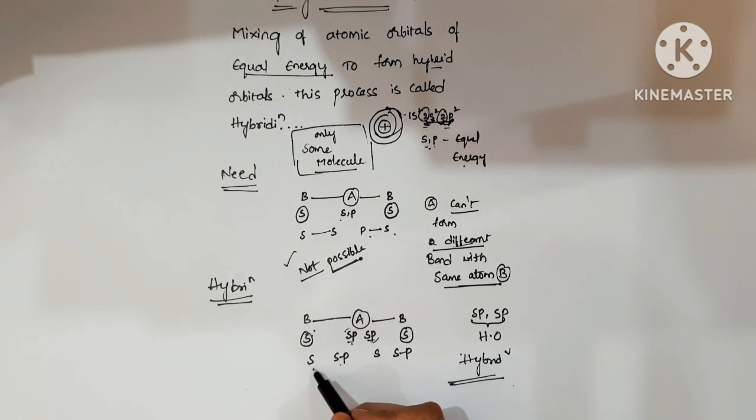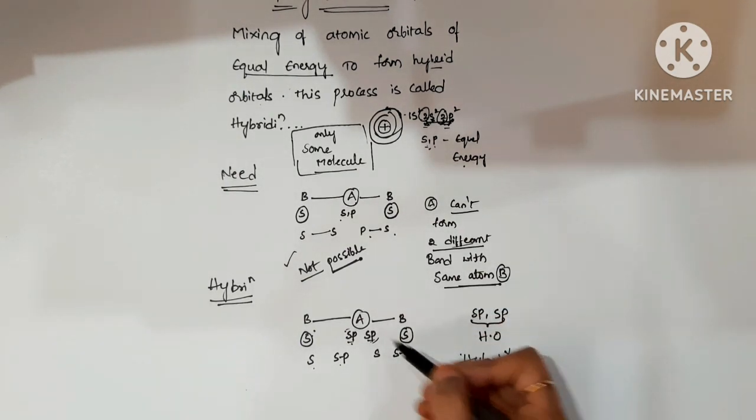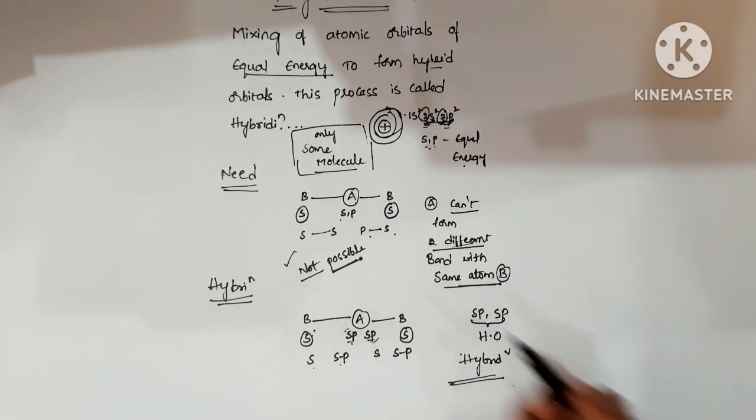So here s and sp overlapping, here also s and sp overlapping happens. This is the way atoms bond to each other. Is it clear? That's why we need hybridization.